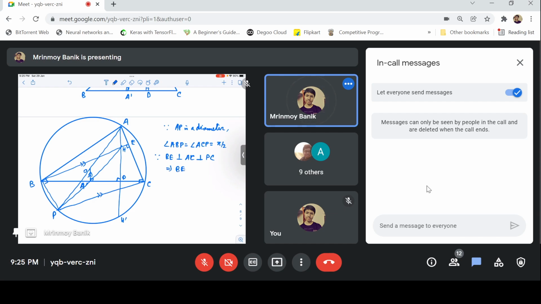And similarly, this is also perpendicular since, no, they are not perpendicular. Okay, nothing similar.